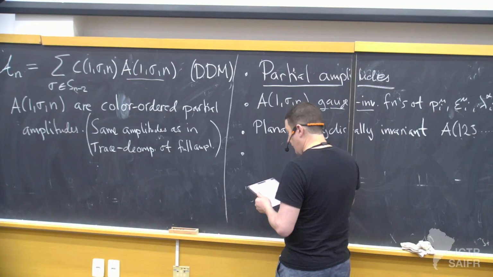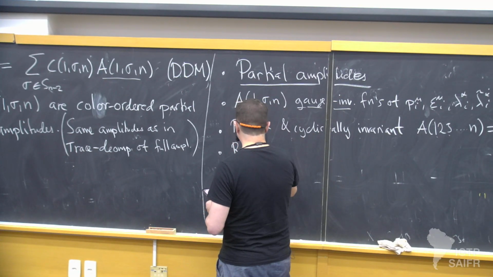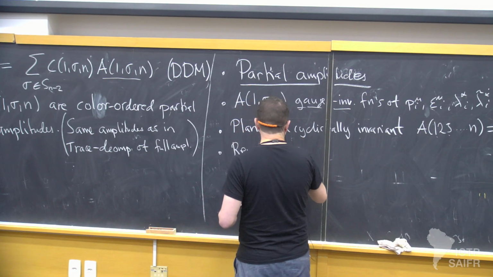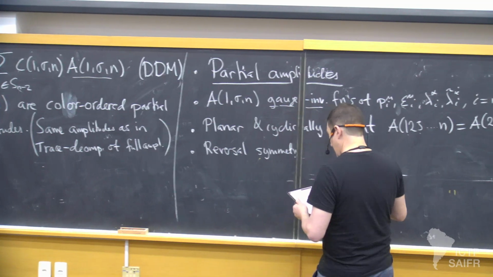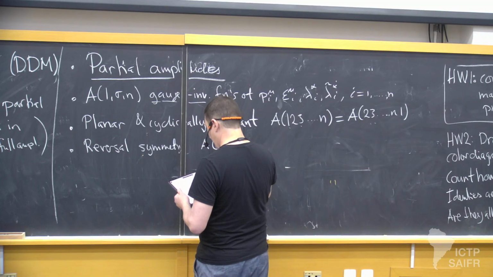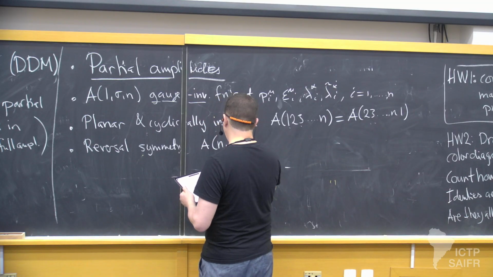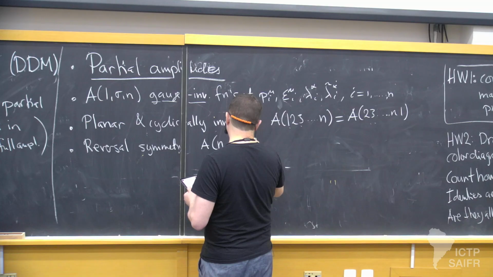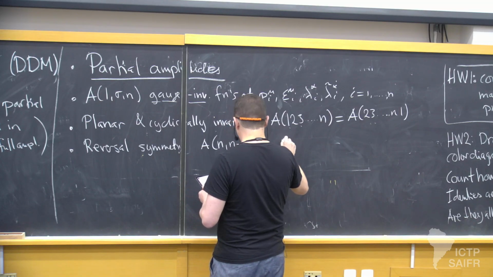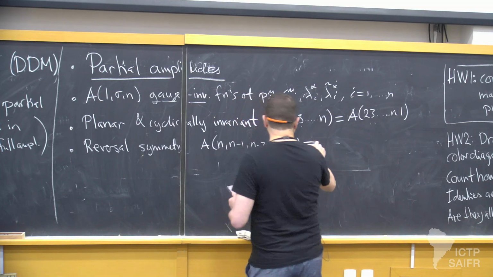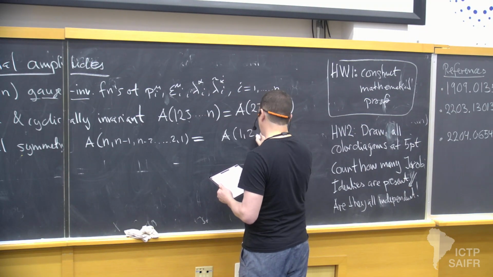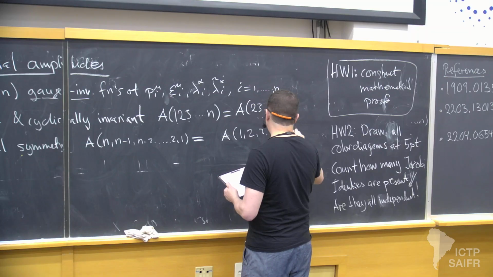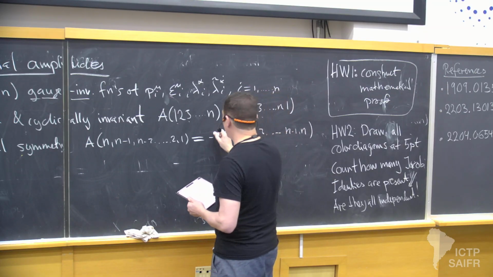Another symmetry that they have is reversal symmetry. That means that if I take the reversed order, so if I start with n, and then go down to n minus 1, n minus 2, ..., 2 and 1, that's the same thing as writing the normal order, 1, 2, 3, up to n minus 1 and n, up to a minus sign.